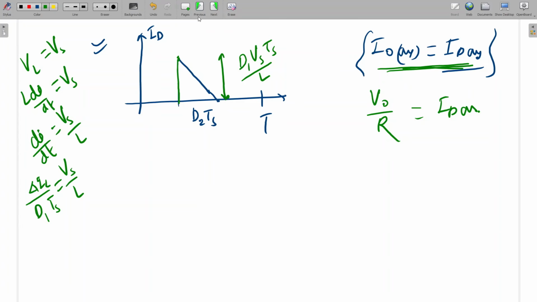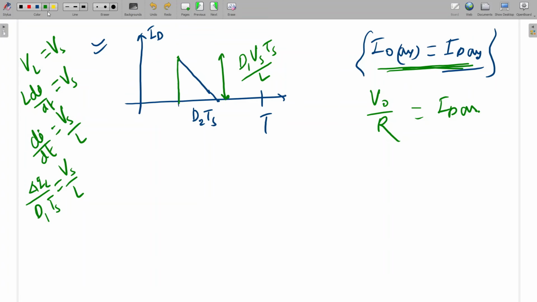From this side also we can calculate the peak, but I am calculating with respect to the first waveform, so it is in terms of D1. If you calculate with respect to the other, it will be in terms of D2.